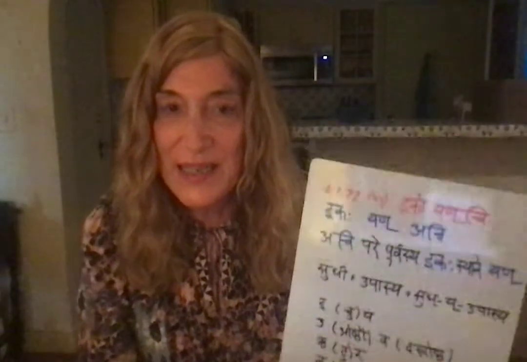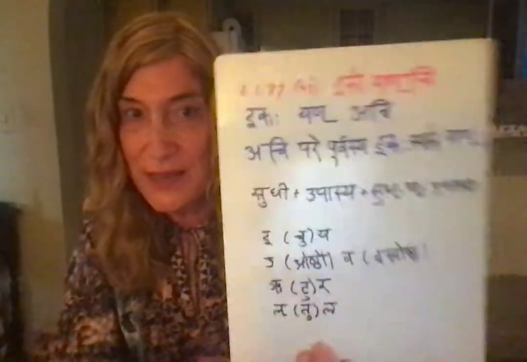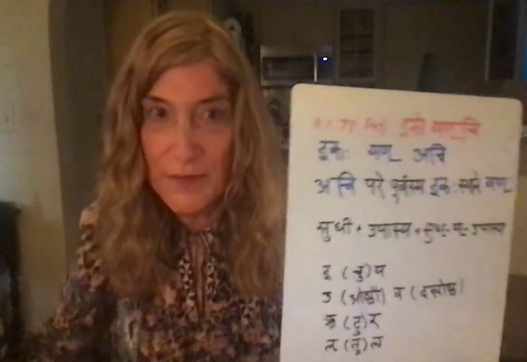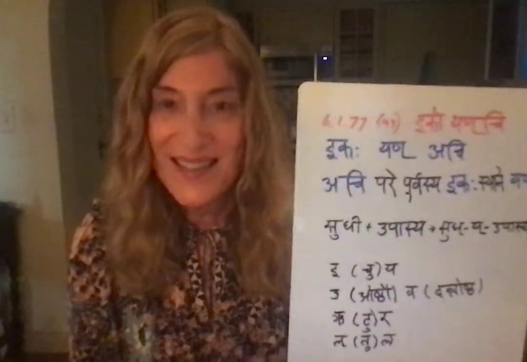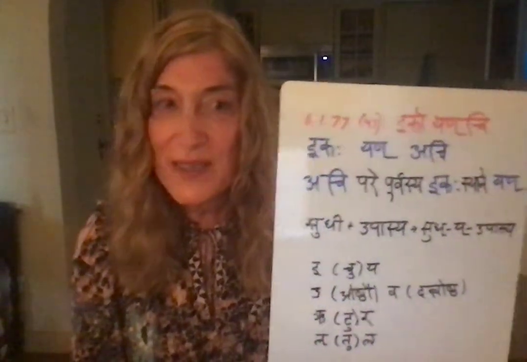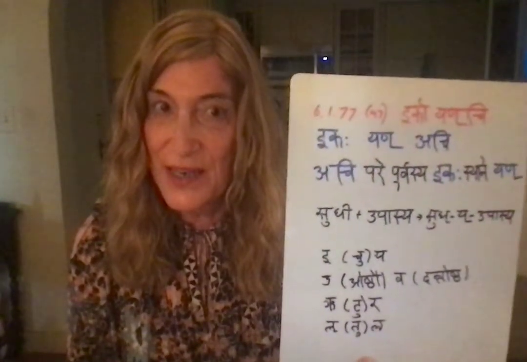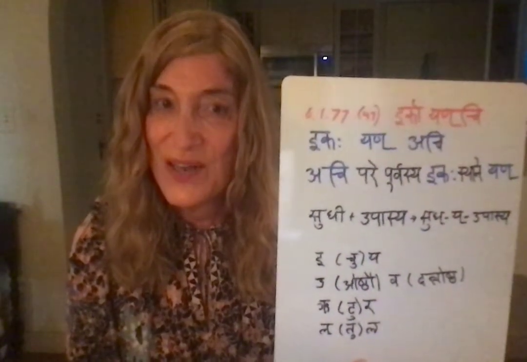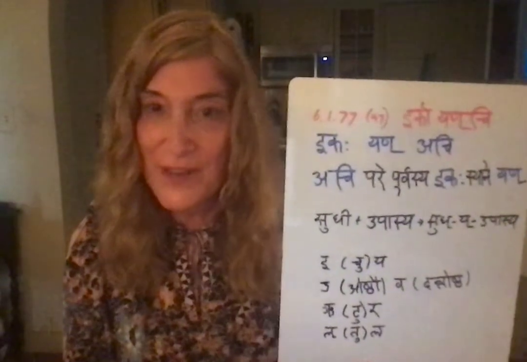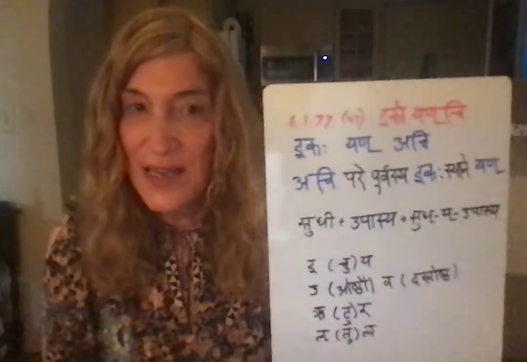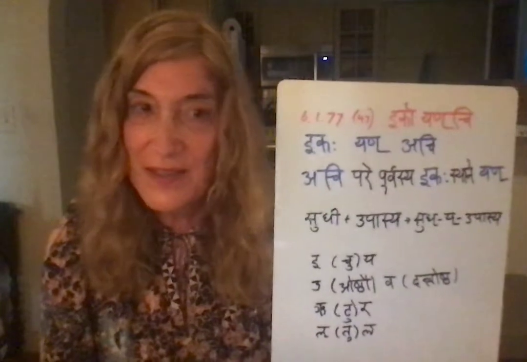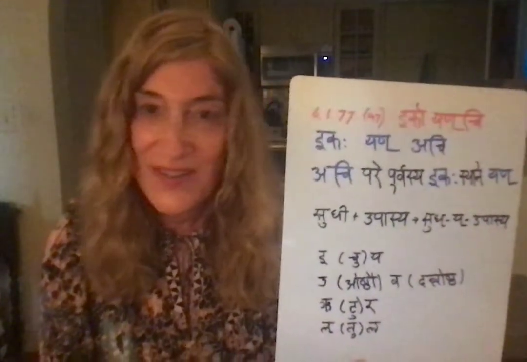And as we used before, let's think again. Just look at the example, iko yanachi, ikaha yan achi. Or, as it's often construed, achi pare ikahastane yan.